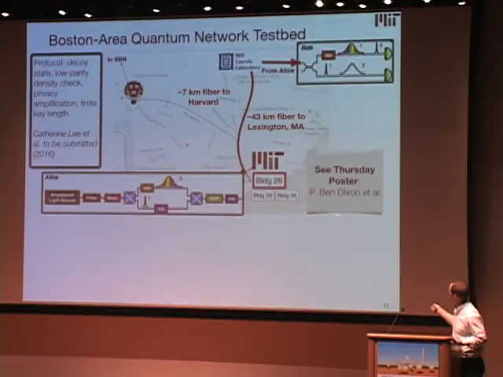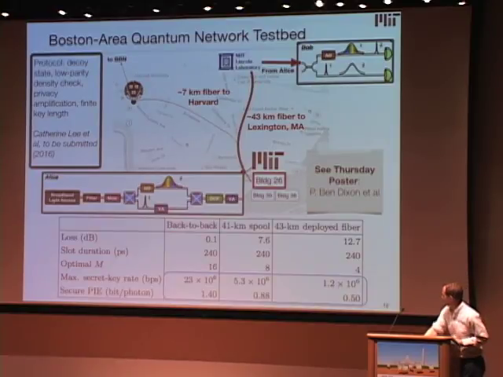And there's a related poster given by Ben Dixon from Lincoln on the network, on how to make that network phase stable, although for this demonstration it doesn't have to be phase stable.